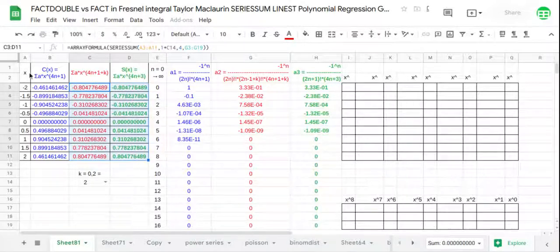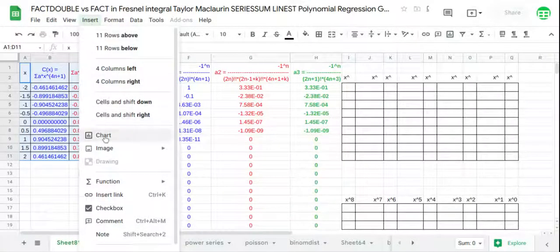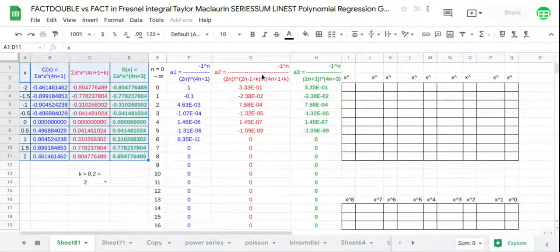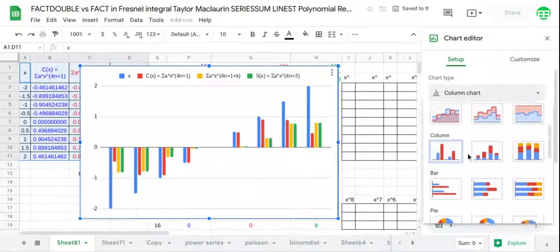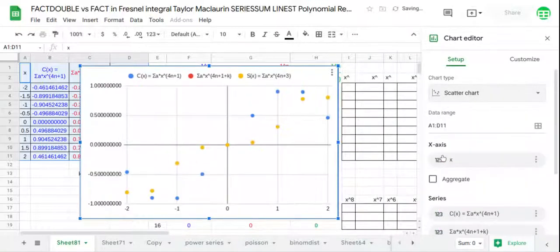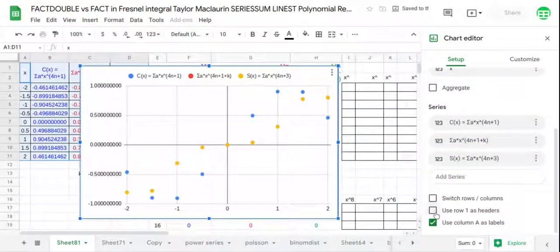Now we'll chart this. So insert chart, and we use scatter chart. Use row 1 as header.